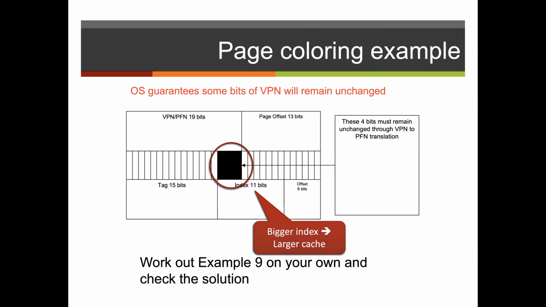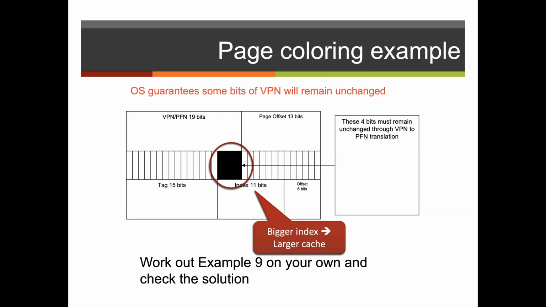And so there is a way for us to get around this, and this is called page coloring. With page coloring, we want to provide the ability to utilize a bigger index and thus a larger cache. And so we can have the memory manager guarantee that more of the virtual address bits will remain unchanged during the translation process.